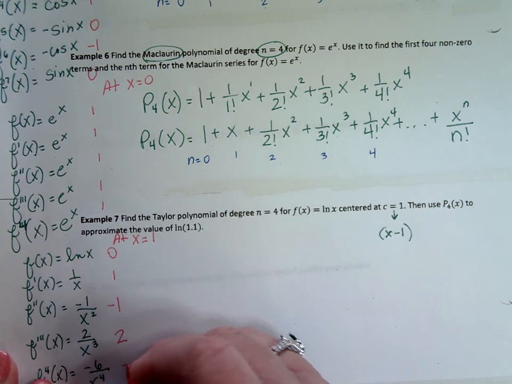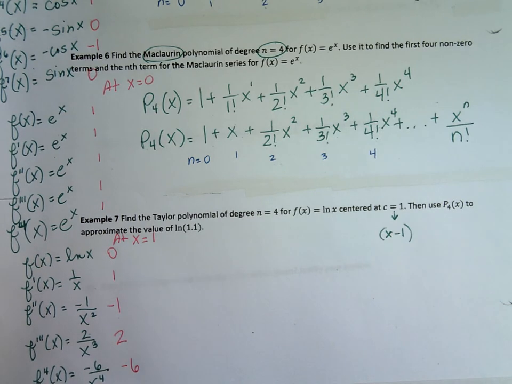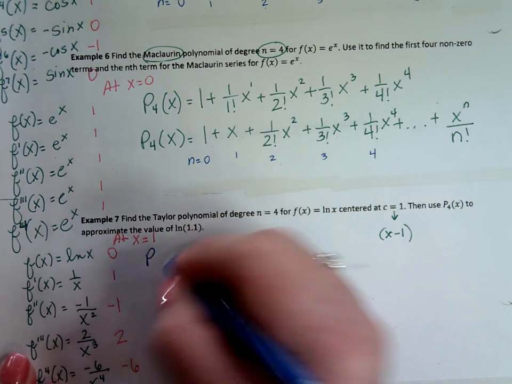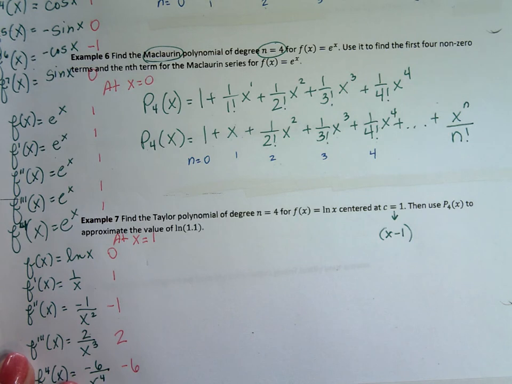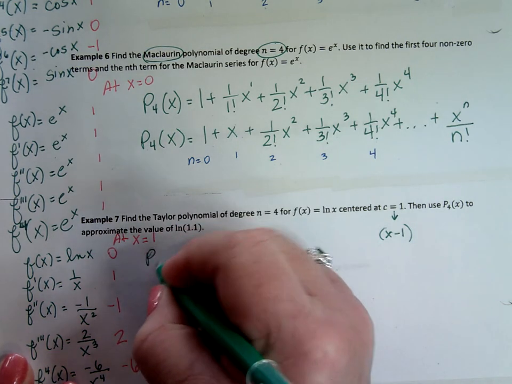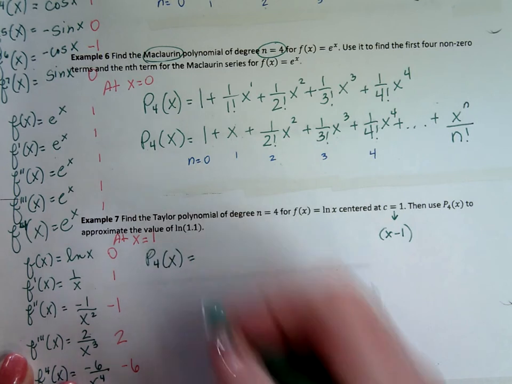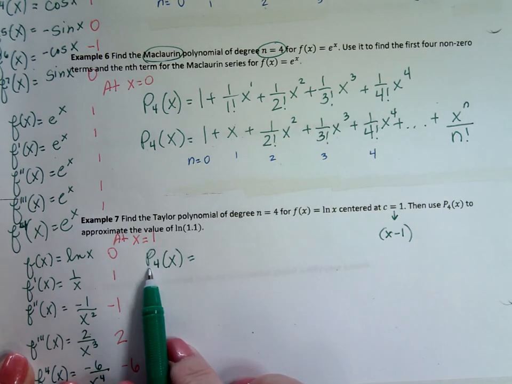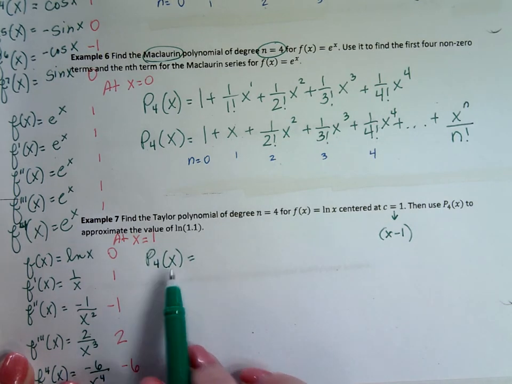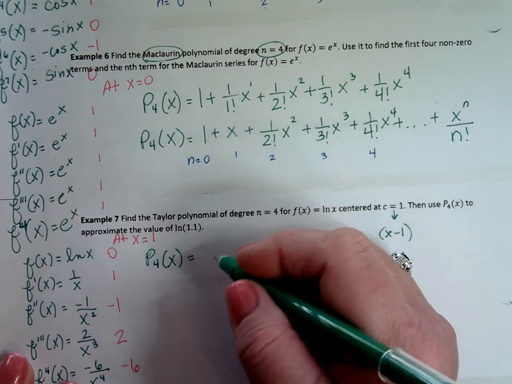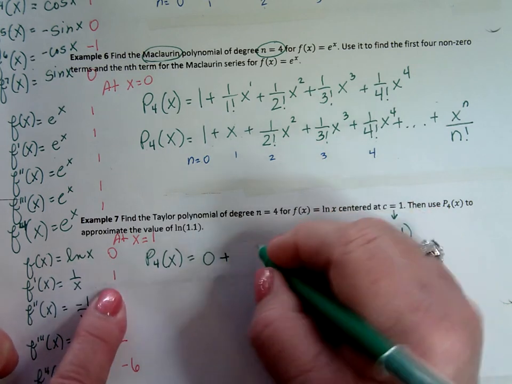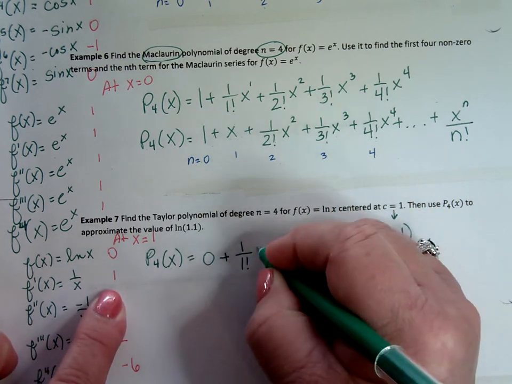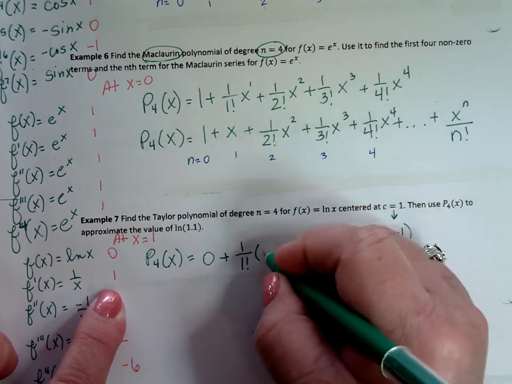That wasn't bad. So let's generate the polynomial, see what it looks like this time. This one is a polynomial p sub 4. Again, sometimes you'll see this as a T for Taylor polynomial. It doesn't matter, it's still a polynomial, so we're just going to keep it at p. P sub 4 of x. First term is 0, plus 1 over 1 factorial, but instead of using x, you're using x minus 1 to the first.